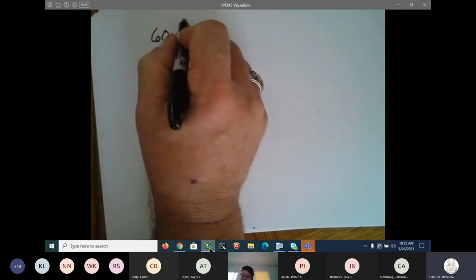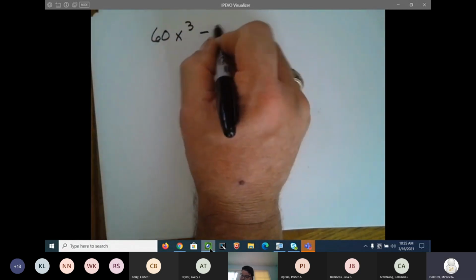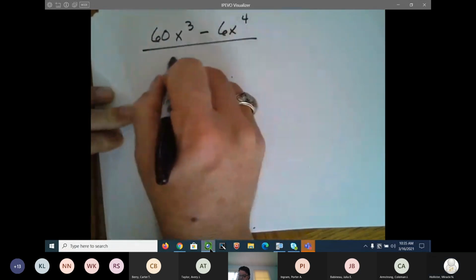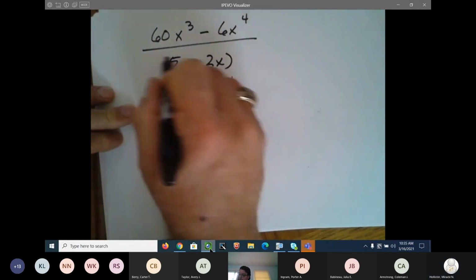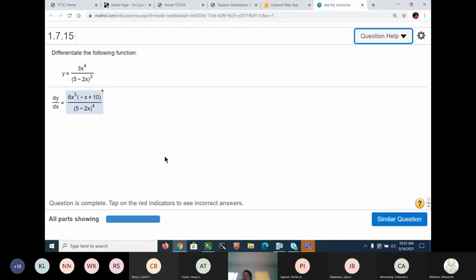60x to the third minus 6x to the fourth, over 5 minus 2x to the fourth. Now, see, there's a prime example, and you can factor out a 6x to the third right here.